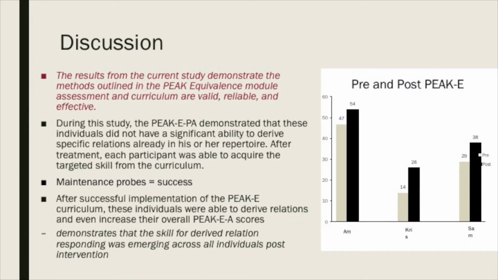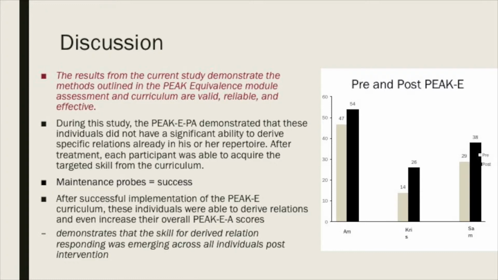The results from the current study demonstrate that the methods outlined in the PEAK equivalence module assessment and curriculum are valid, reliable, and effective. During this study, the PEAK pre-assessment demonstrated that these individuals did not have a significant ability to derive specific relations already in their repertoire.